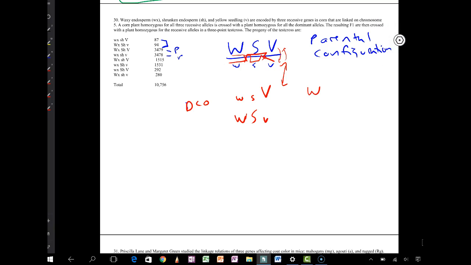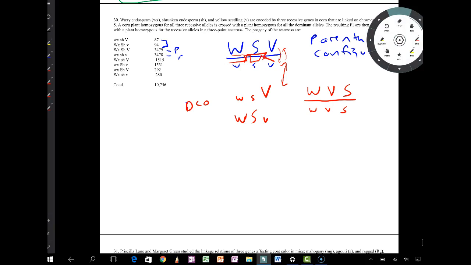So we know that the three capital alleles started together. That's what we got just from looking at the parentals. But comparing the parentals to the double crossovers tells us that V is in the middle.